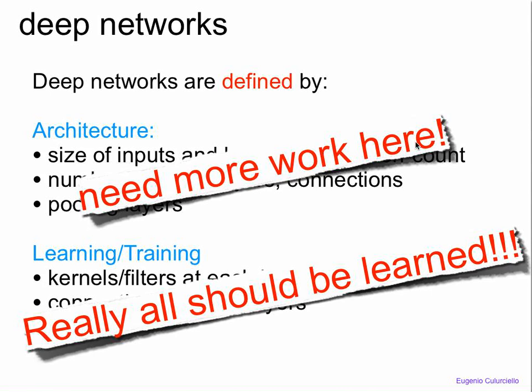I haven't seen a lot of work in this area, at least with large-scale results. That's probably one of the most important areas to work on in the future. Just as we learn filters and connections, the whole network should be learned together from data as much as possible, because the data has to tell you what kind of organization in the network it needs, so that you can extract the information that you are after.